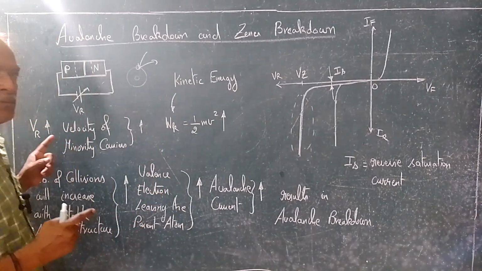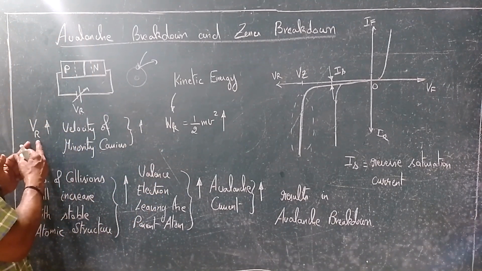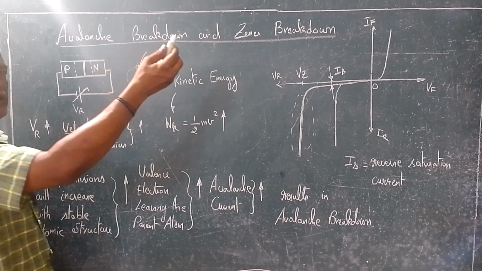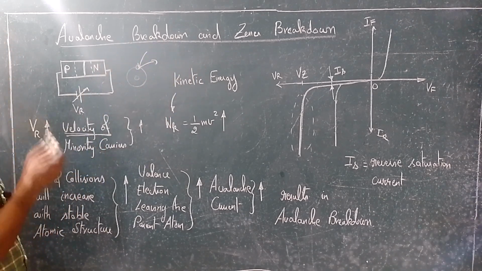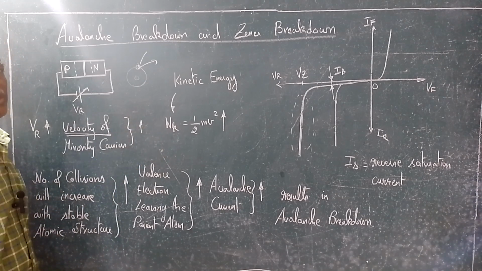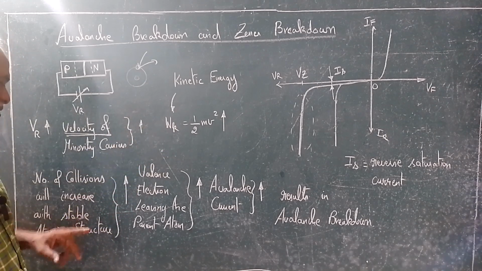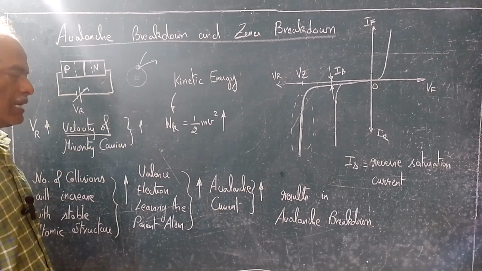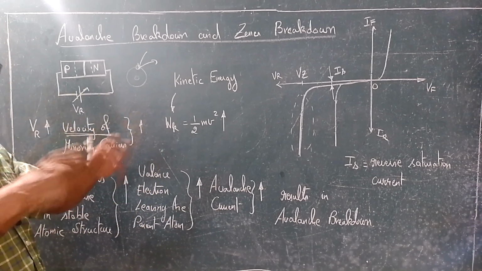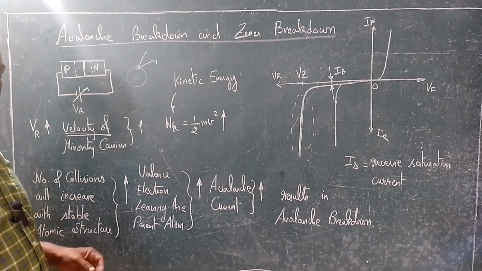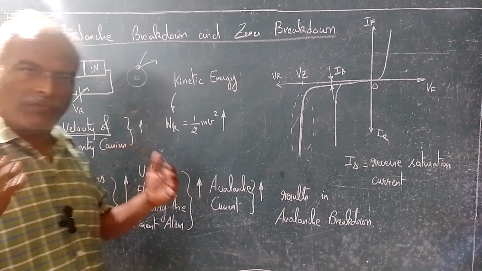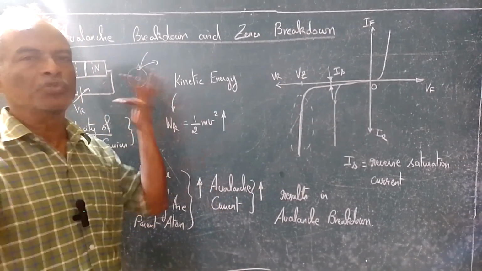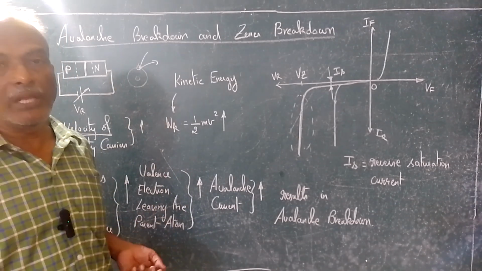In avalanche breakdown, as the reverse voltage increases, the velocity of minority carriers increases. So this is a mechanical event. Therefore kinetic energy increases, the number of collisions will increase, and this will bombard the stable atomic structure, and more electrons get released. With more and more electrons becoming free electrons, the current will rise hugely.